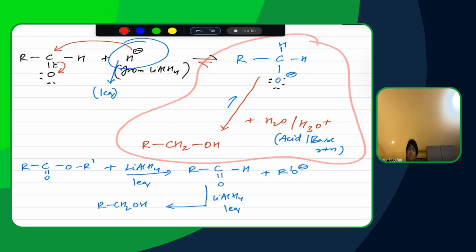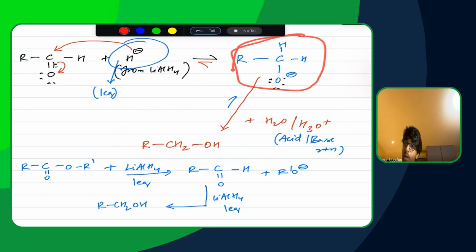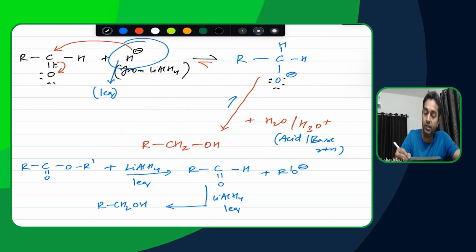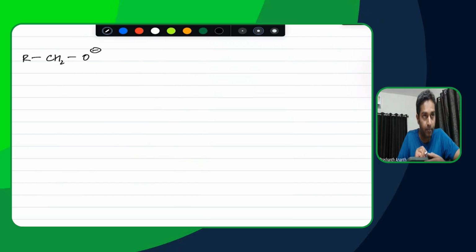Instead of OH, what is this nucleophile? Let's call this species 2. Let's observe it a little bit more closely in the next page. So we're going to be having RCH2O minus, correct? Yes, sir.